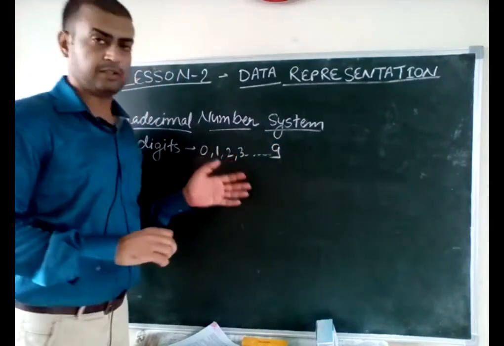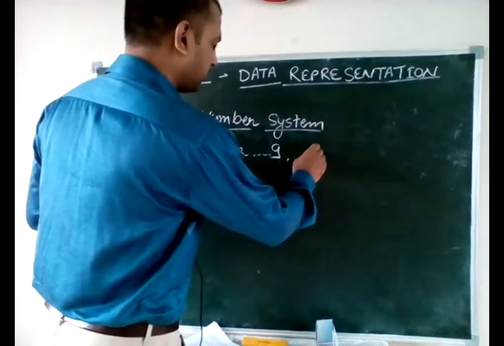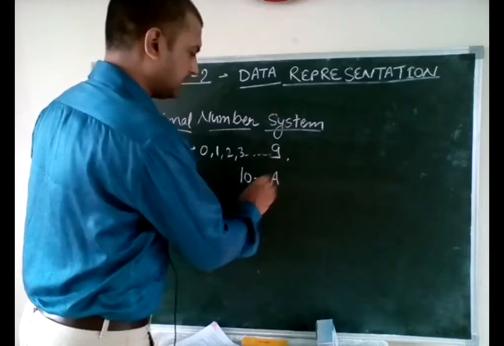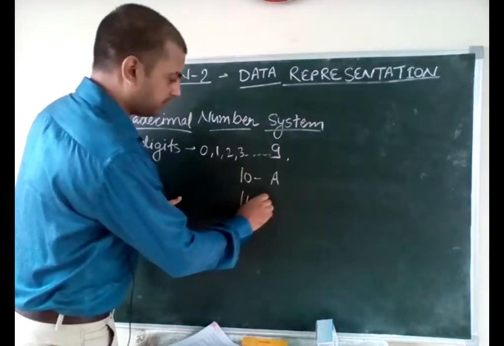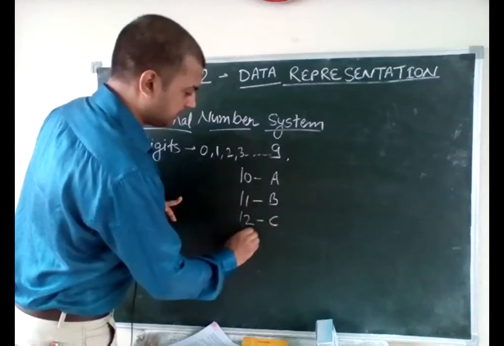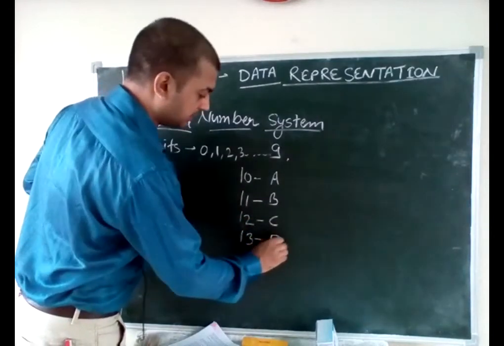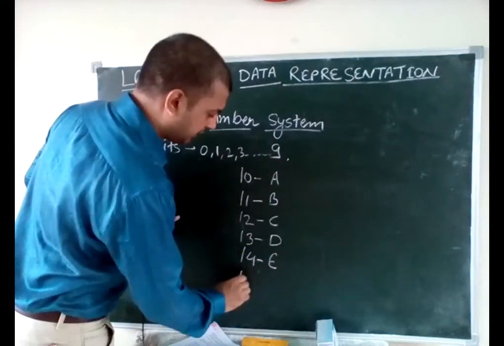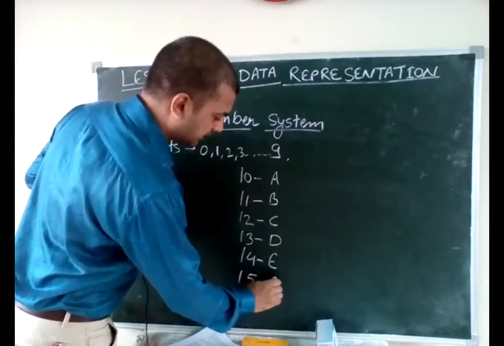It will be very simple. Now if I have to write 10, it will be represented as A, 11 as B, 12 as C, 13 as D, 14 as E, and 15 as F.